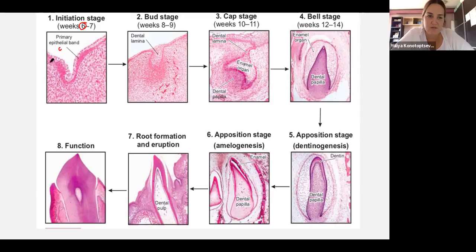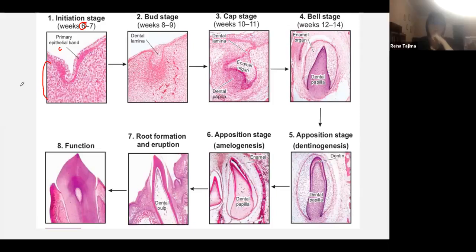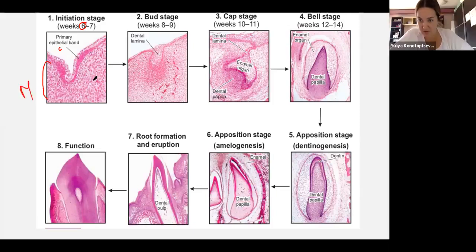So what is this? How do you call embryonic connective tissue? Mesenchyme. So what you see here is mesenchyme. Let's imagine, I will show it like this. This is the jaw, the lower jaw of the future fetus. This is still an embryonic stage.